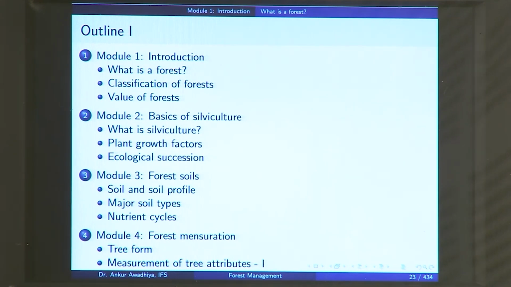Now, nutrient cycles is a cycle through which different nutrients move from the biotic component of the biosphere to the abiotic component and vice versa. So, for instance, there is carbon dioxide in the atmosphere, the plants are using that carbon dioxide, they are fixing that carbon dioxide in the form of biomass.